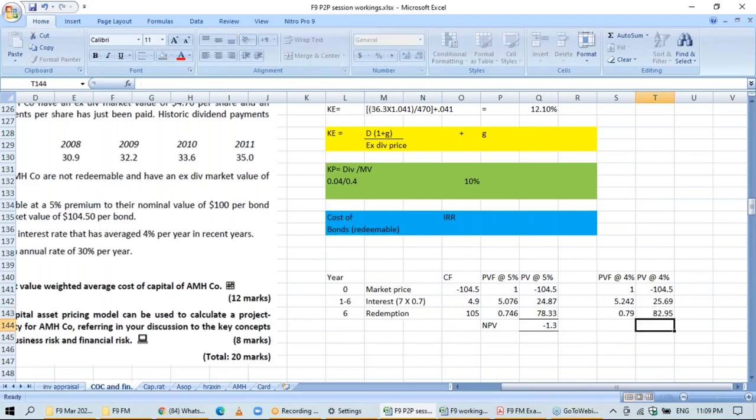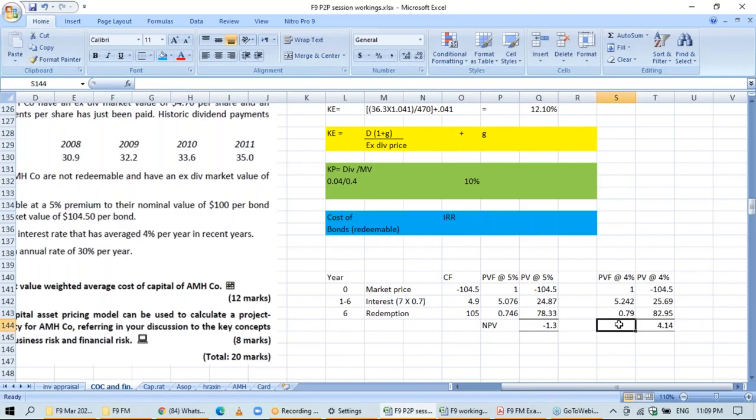So these are the cash flows associated with the bond. What cash flows will the bond holder receive? He will first of all purchase the bond, resulting in an outflow. Then he will receive interest for the duration of the bond, till 6 years, and then he will receive the redemption amount. So we have taken these three cash flows. So now the NPV comes to 4.14.